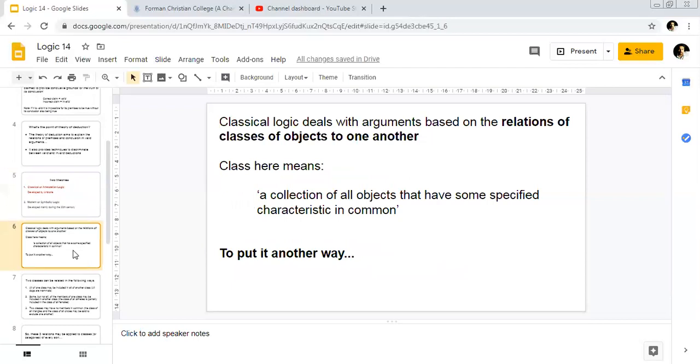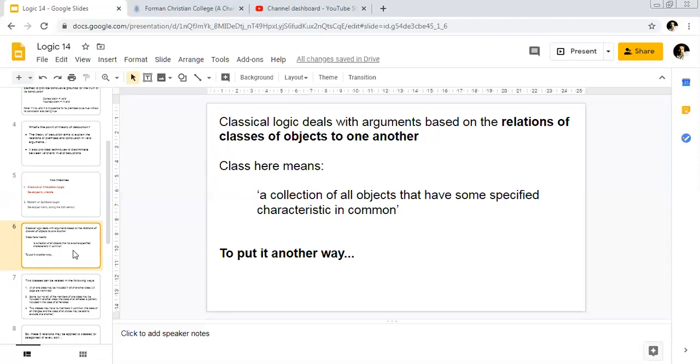So what is classical logic or the Aristotelian logic? It deals with arguments based on the relations of classes of objects to one another. Okay, so we have two sets, two classes, two categories. One could be anything and the other could be anything. You could think of this in terms of sets. So you have sets or classes or categories.